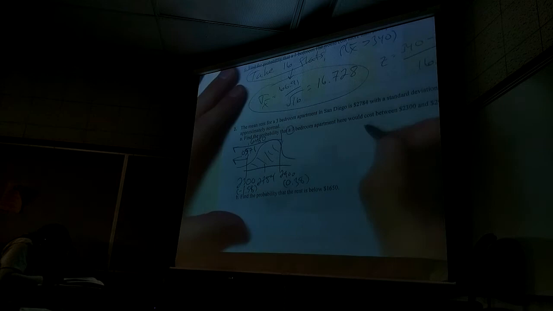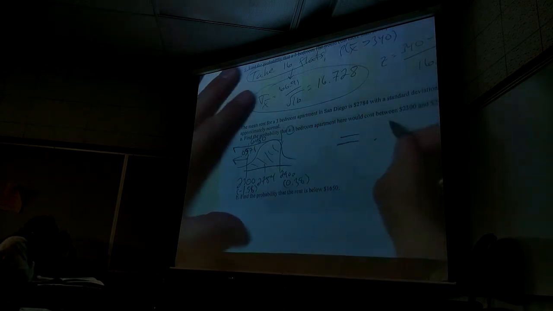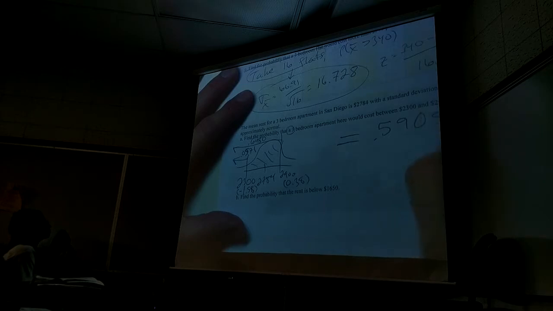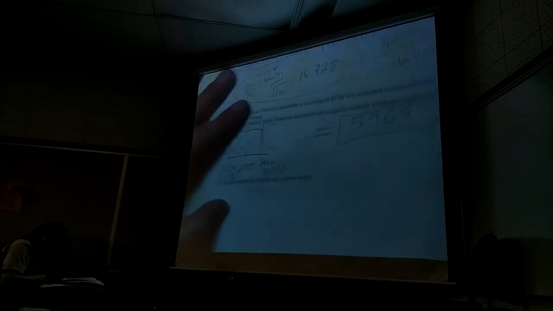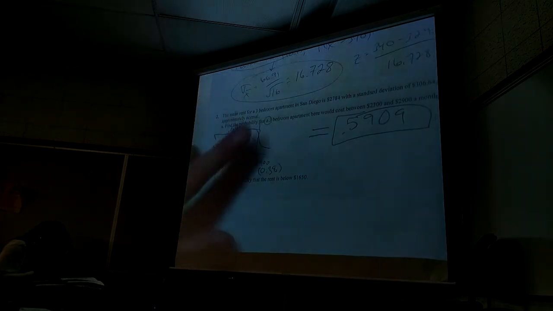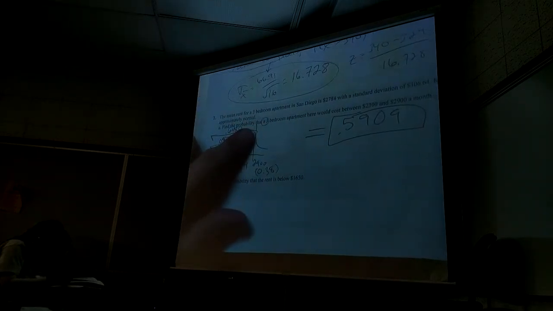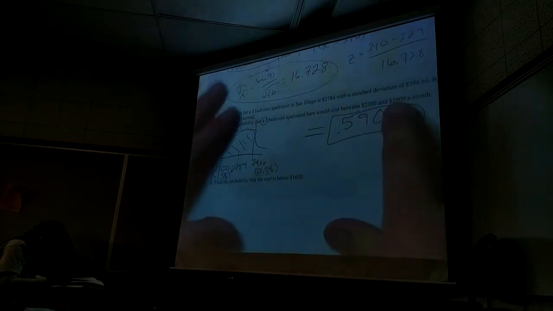You subtract those to get the area in the middle. So what do you get when you subtract those? 0.5909. Is that right? Yes. Okay. So almost a 60% chance that a 3-bedroom in San Diego costs between $2,300 and $2,900 a month.